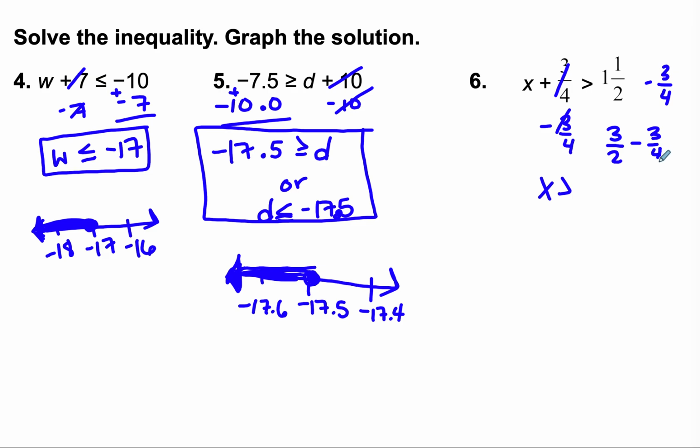Then I need a common denominator. I'm going to use fourths. And that way I only have to change 1. 3 times 2 is 6. 2 times 2 is 4. So I have 6/4 minus 3/4. That's going to give me x is greater than 3/4.